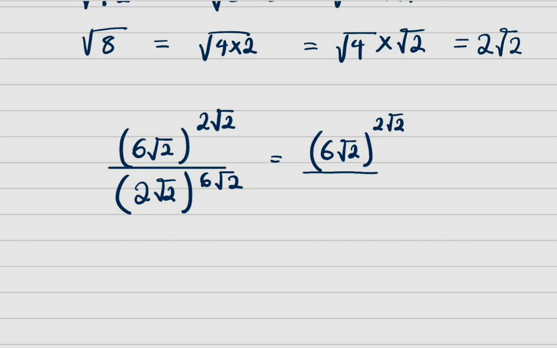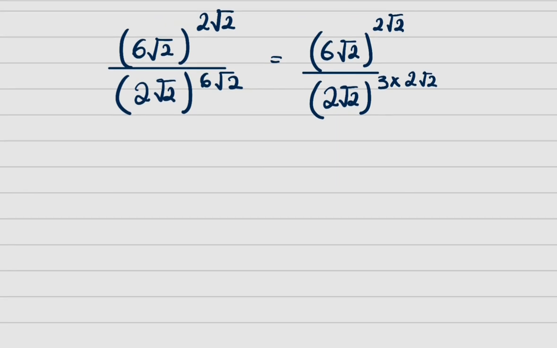Then I'm going to have 2 root 2 all raised to power. I can write 3 times root 2. This is a trick, okay? Not just 3 times root 2. Let me correct it. It is 3 times 2 root 2.